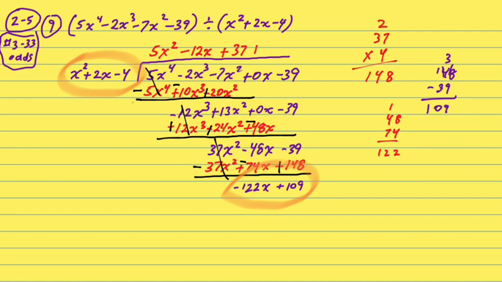So what I'm going to put is plus negative 122x plus 109, and that would be divided by x squared plus 2x minus 4. And all of this up here is your answer.